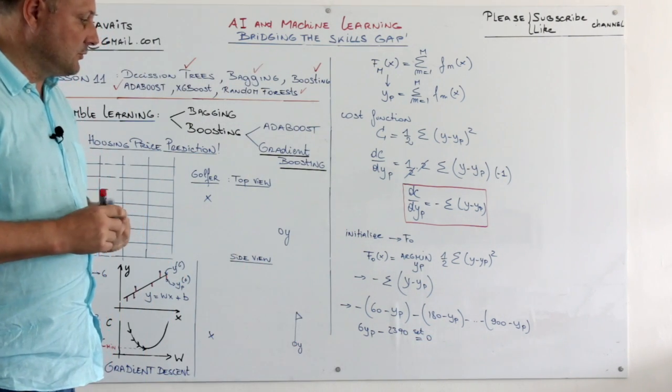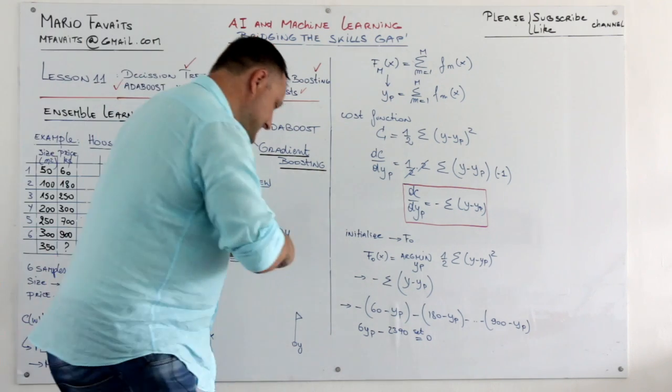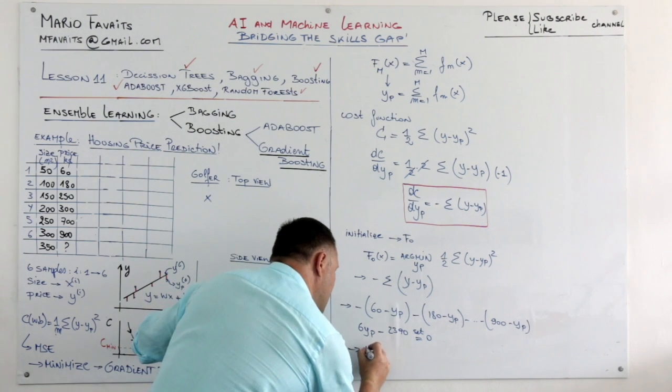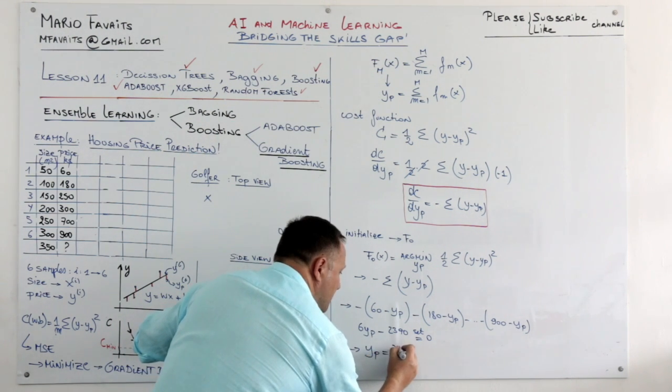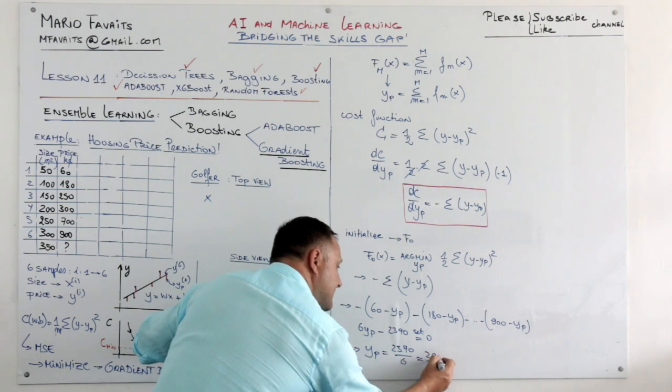This is what we do when we look for a minimum. So that means that in this case, yp equals 2390 divided by 6, which is 398.